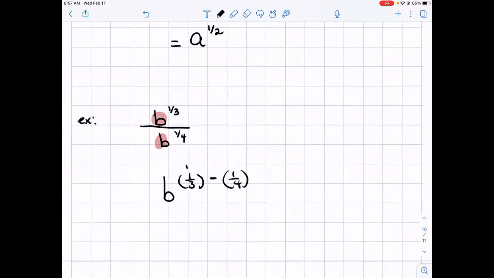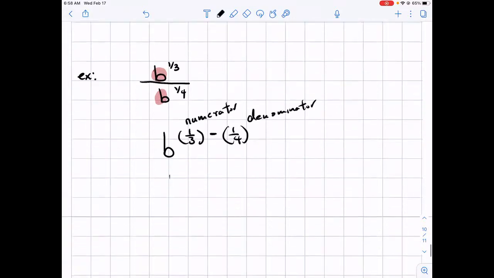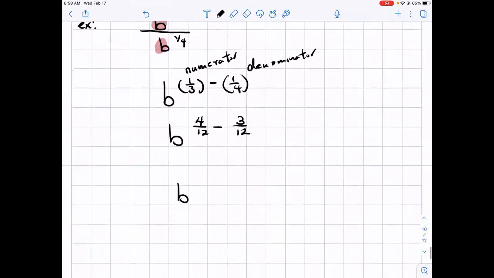Always the numerator first, numerator minus denominator. So this becomes b, the common denominator is 12. So this becomes 4/12 minus 3/12, which is b to the 1/12 power. And please be careful when you write your exponent. These are exponents, okay?